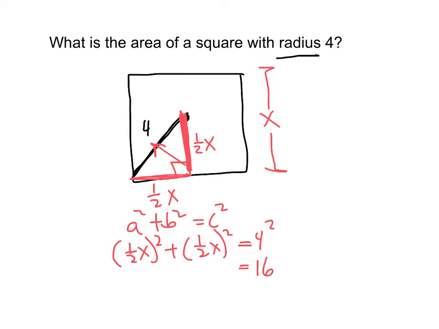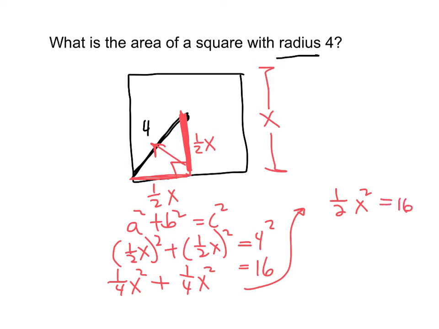So 1/2 x times 1/2 x, 1/2 times 1/2 is 1/4 x squared, plus 1/4 x squared. A fourth of a square plus a fourth of a square is actually a half of a square. So 1/4 plus 1/4 is 1/2. So we have half of x squared is 16. If half of x squared is 16, then the whole x squared is 32. So undoing, multiply by 2.